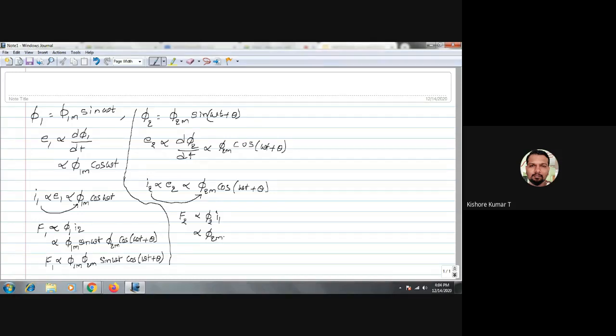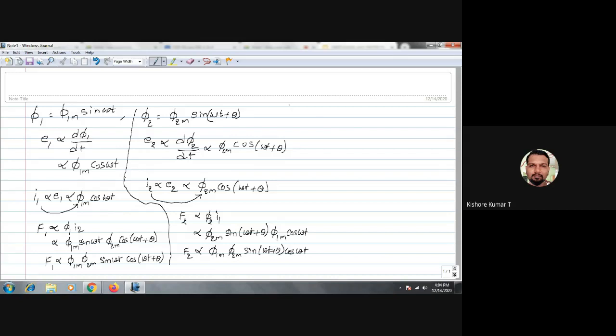Phi 2m sin omega t plus theta, and I1 is phi 1m cos omega t. So finally you can write phi 1m phi 2m sin omega t plus theta cos omega t. What is it? F2.